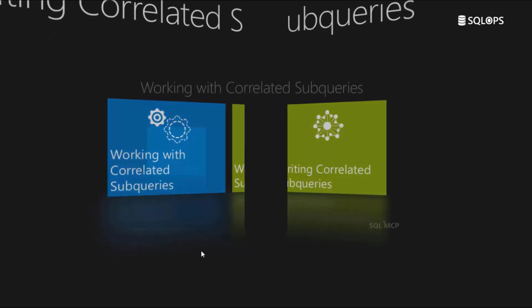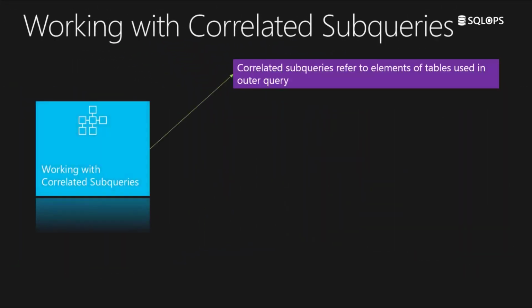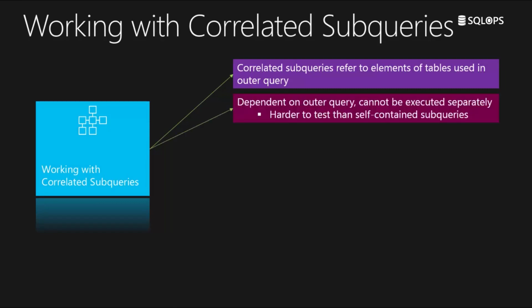Let's first see what correlated subqueries are. Like self-contained subqueries, correlated subqueries are select statements nested within an outer query. However, unlike self-contained subqueries, correlated subqueries depend on the outer query to pass values into the subquery as a parameter. And the correlated subqueries cannot be executed separately from the outer query, which complicates testing and debugging.